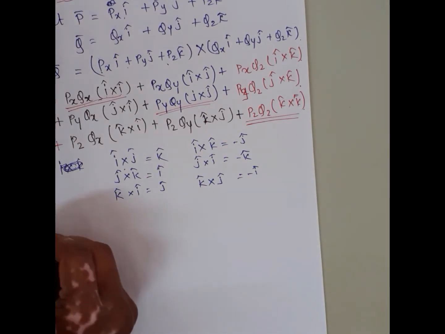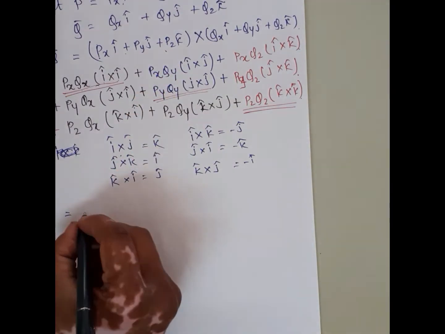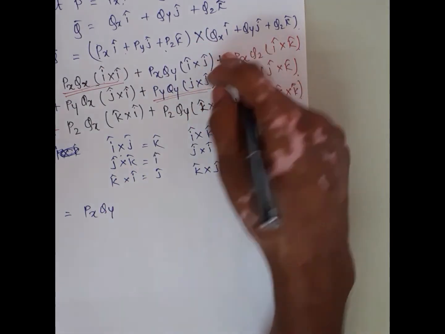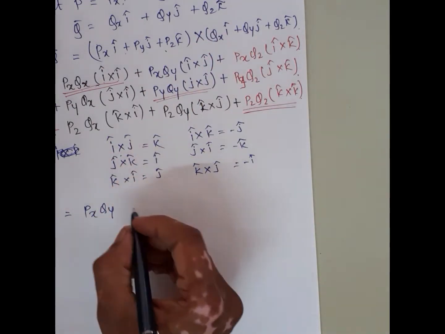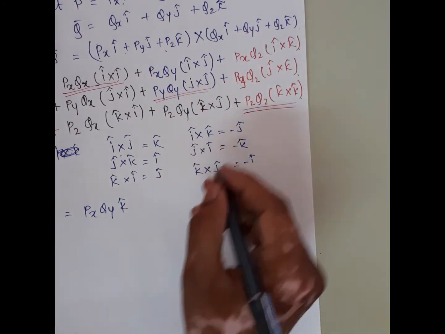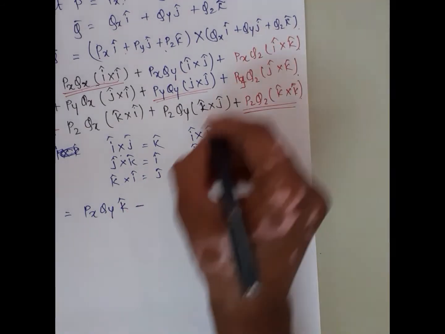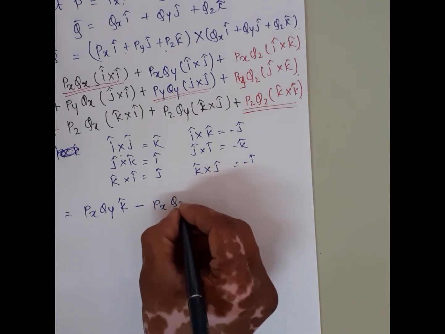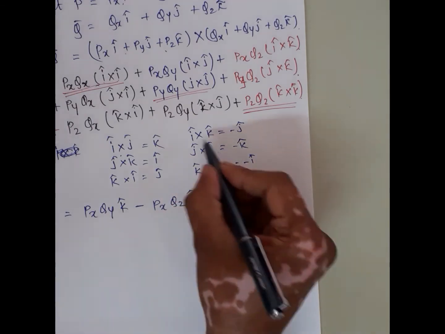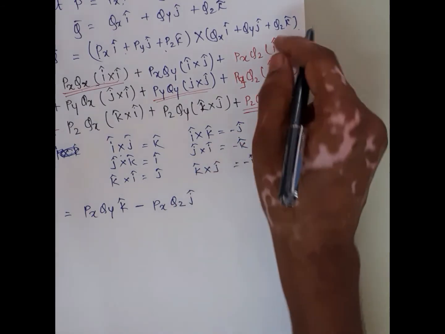So we write P bar cross Q bar is equal to PxQy, I cross J. I cross J is K, so here we write K. Then PxQz, but I cross K is minus J, so here we write minus PxQz J cap, because I cross K is minus J, so we write the minus sign.